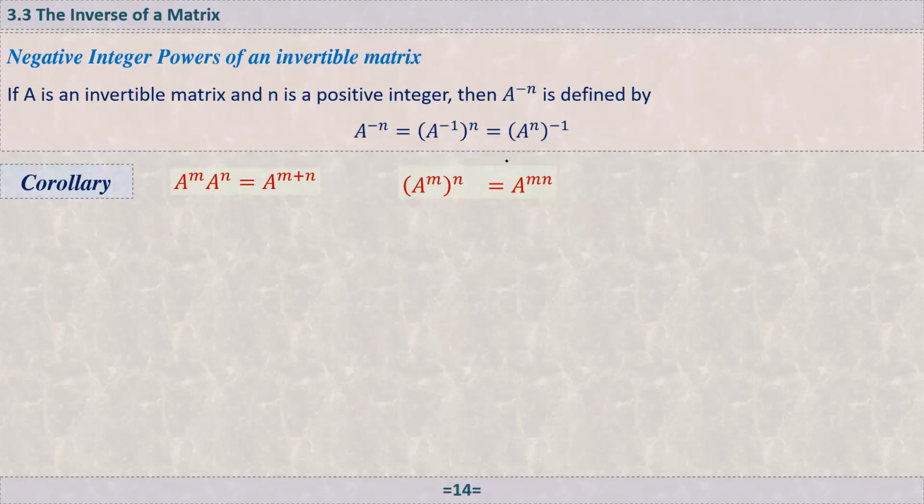And immediately we can have these properties: A^m times A^n, notice that these matrices are the same, equals A^(m+n). It's very similar to real number exponents. (A^m)^n is equal to A^(mn). Easy to remember.